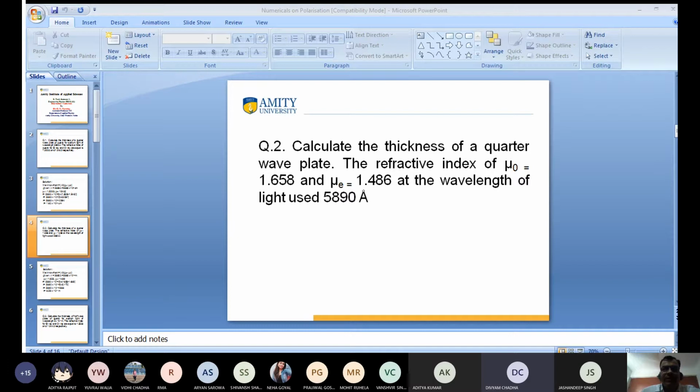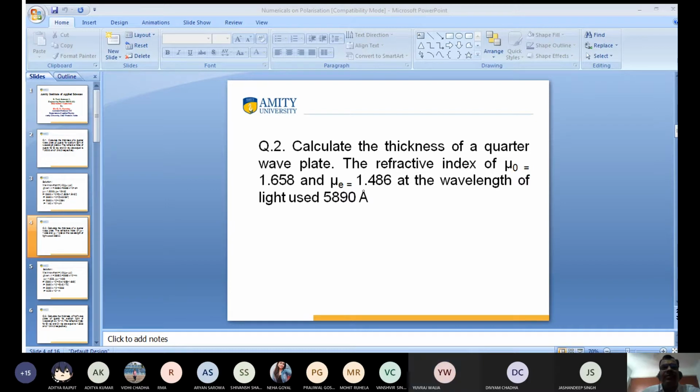No, the answer is not negative, because you have taken the greater refractive index minus the lesser refractive index. Yes, sir, the answer is not negative. It is 8.56. I made a mistake in the calculation. Okay.